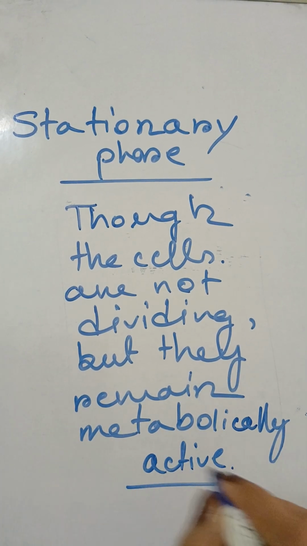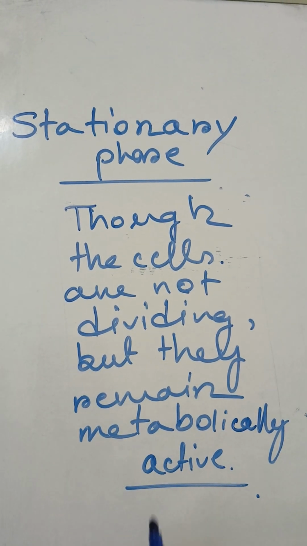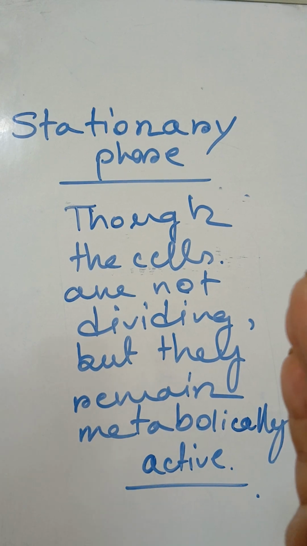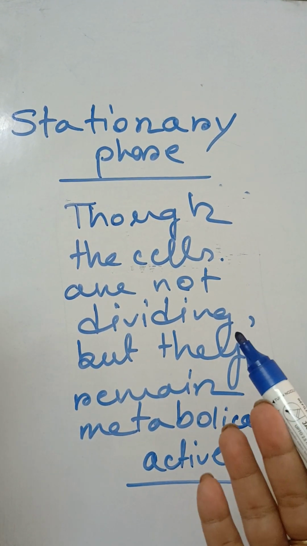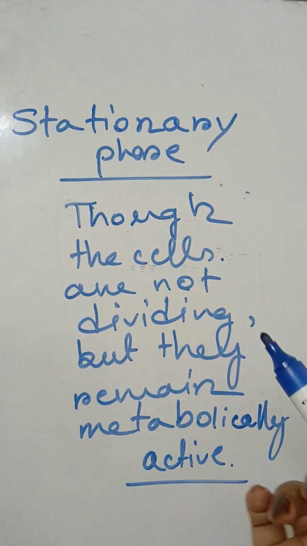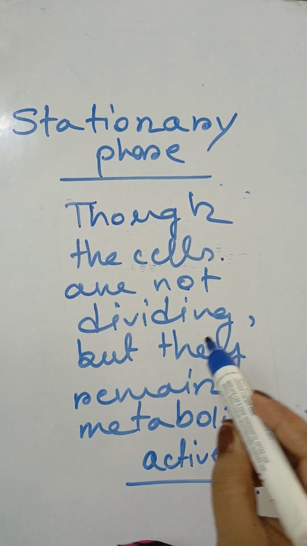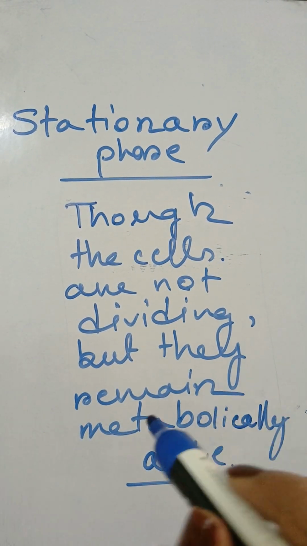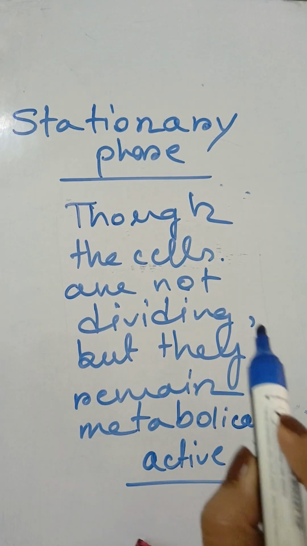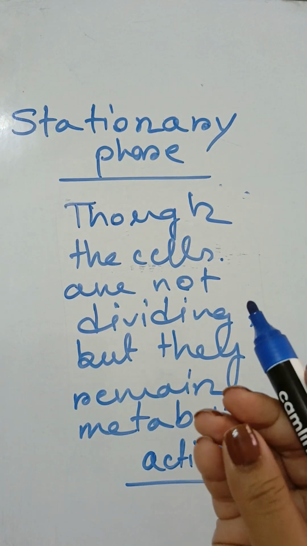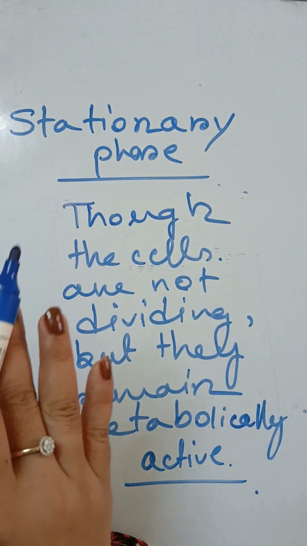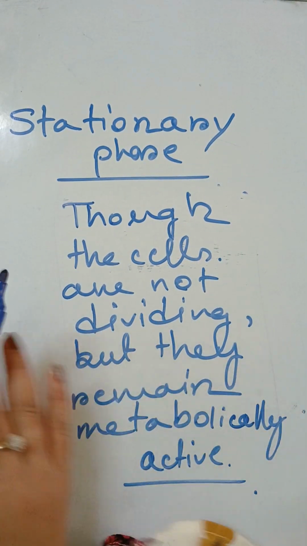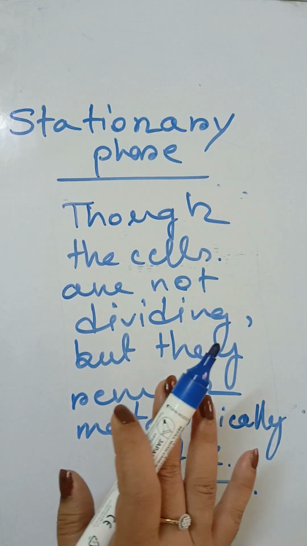The bacterial cells in a closed culture vessel with a single batch of media, which is basically a batch culture, are not dividing in the stationary phase, but they remain metabolically active. And if a few cells die, there is a balance between cell growth and cell death. So this is the stationary phase.